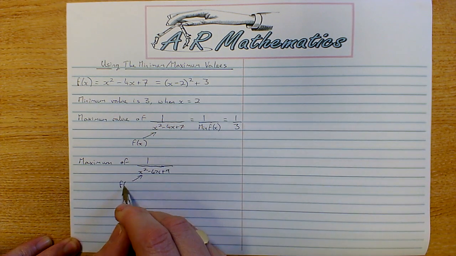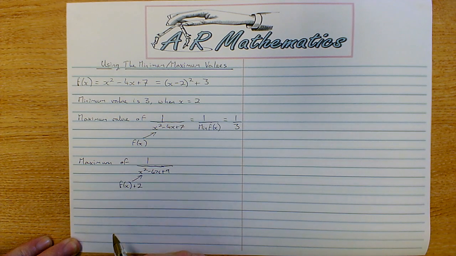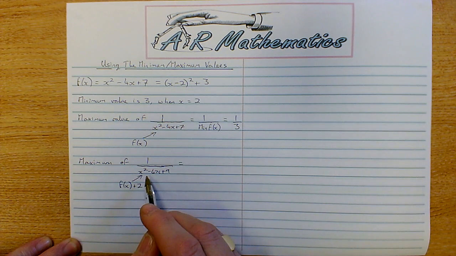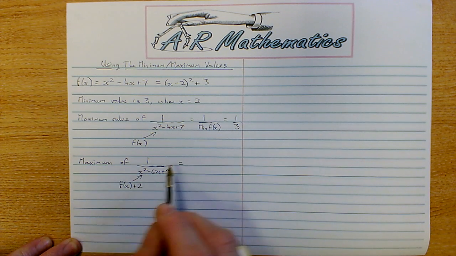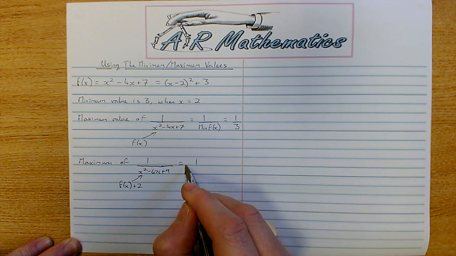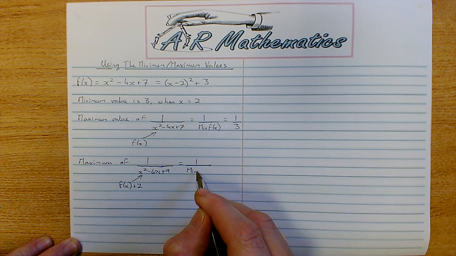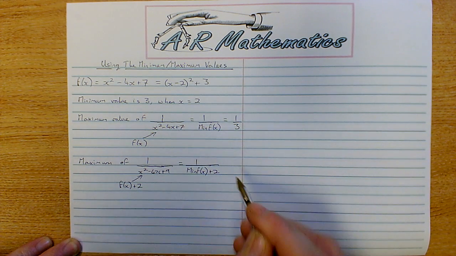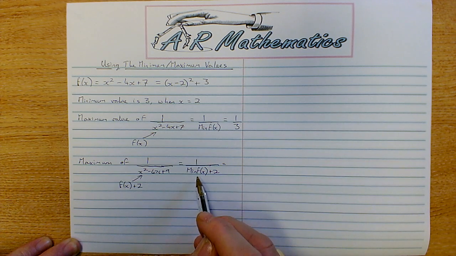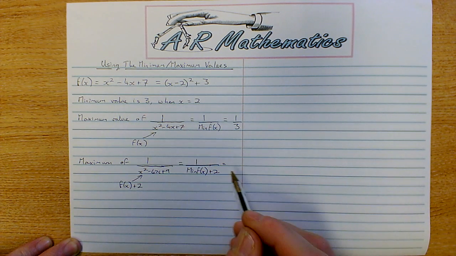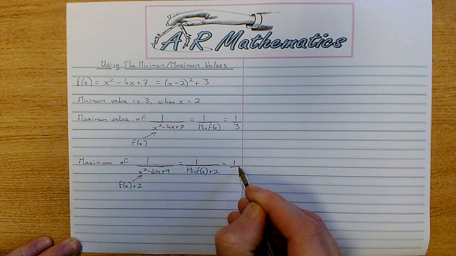So this is the same as our f of x plus another 2. So if I want the maximum value of this fraction, I want the minimum value on the bottom. So I need to take the minimum value of f of x, and then I'm going to add 2 to it to match up with the add 2 there. So the minimum value of f of x was 3, so this is going to be 1 over 3 plus 2, which is 1 over 5.